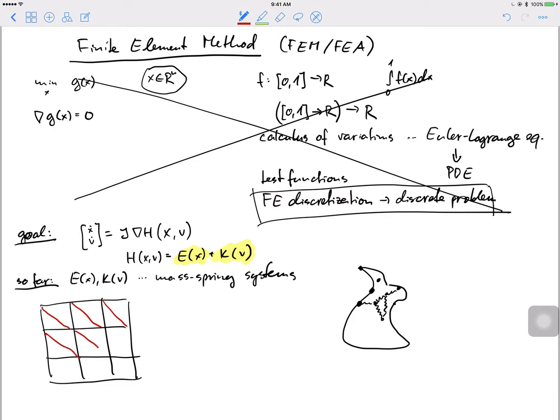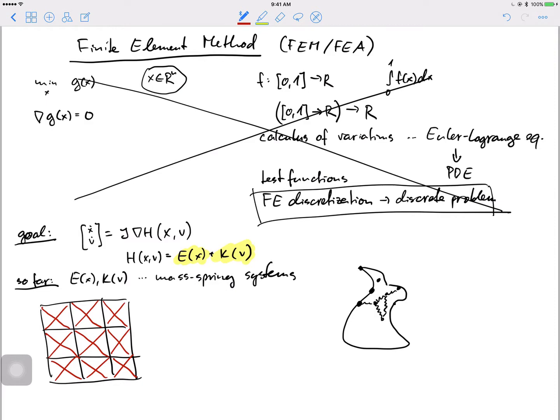If you put all the springs like this, then the cloth will be more resistant to stretching exactly in this direction, right? Then you can put other springs like this, for example. But whichever way you put the springs, the dynamics, the motion of the object will be biased towards the directions of those springs, okay? And that's why it gets kind of tricky, and you can play with different designs of the springs.